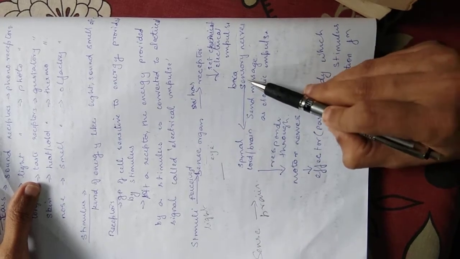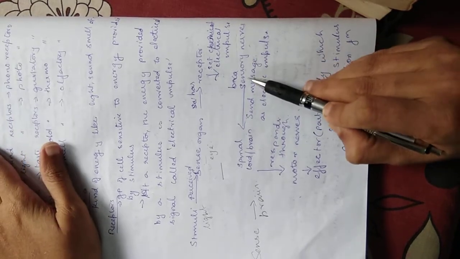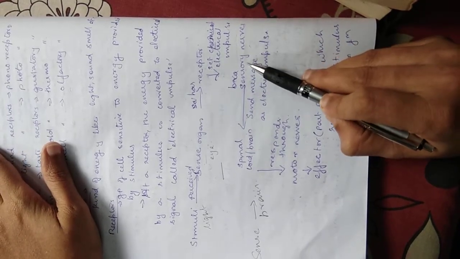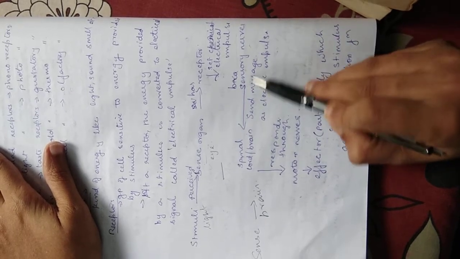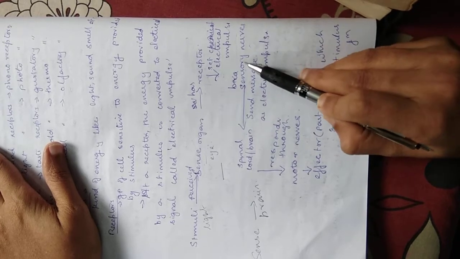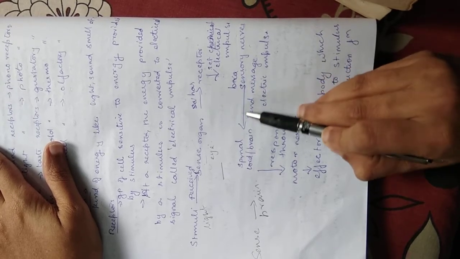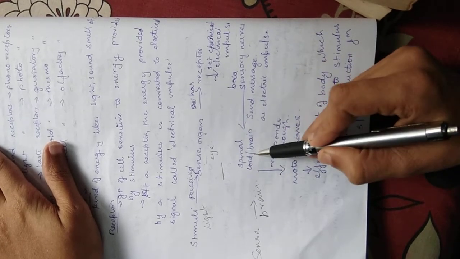So sensory nerves carry electrical impulses from the sense organs to the brain. Sense organ to brain is sensory.